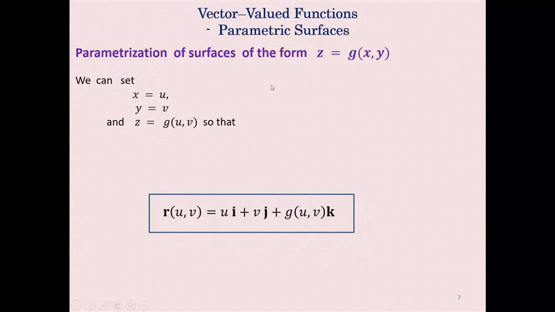As a result, z would have to be g of (u, v). That's because z is g of (x, y), and x and y are in turn defined to be u and v respectively. So this is an important result. Any surface defined this way can be represented by this vector valued function. We will find this useful later.